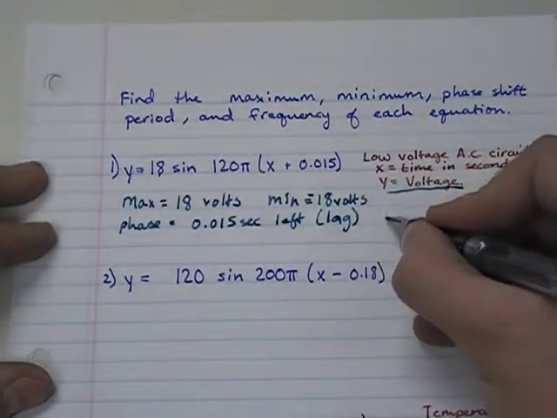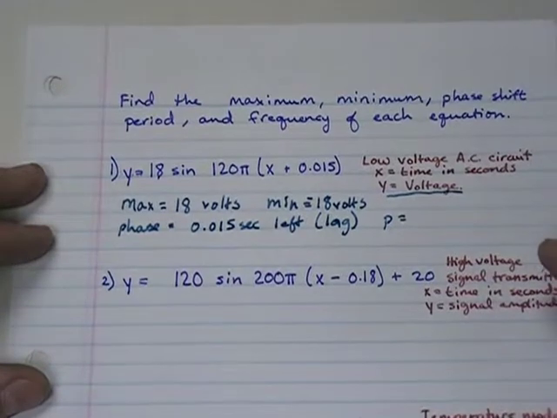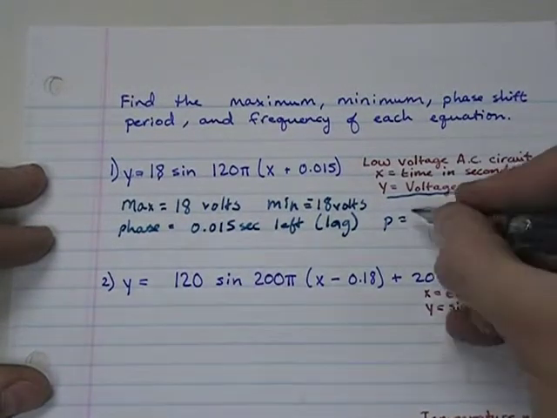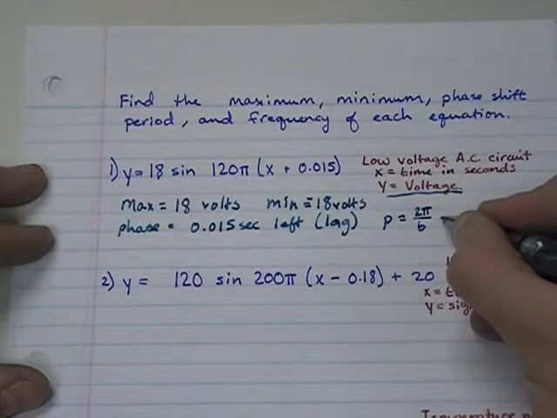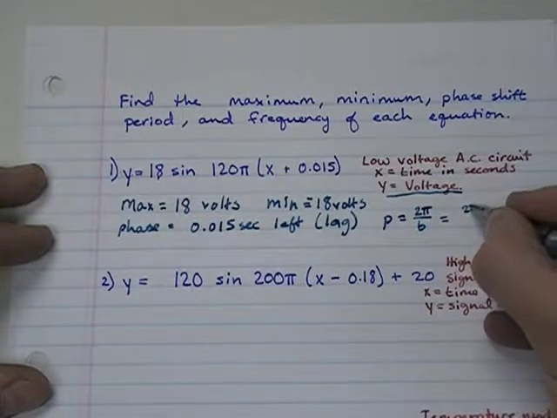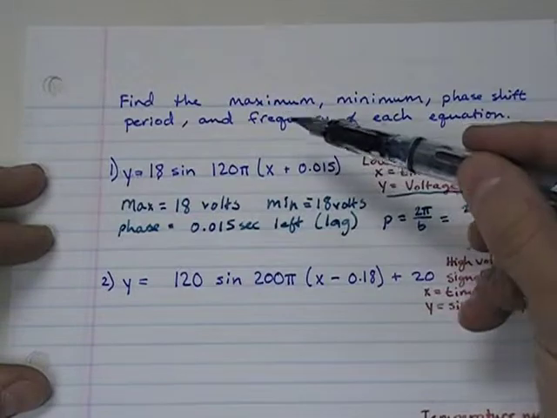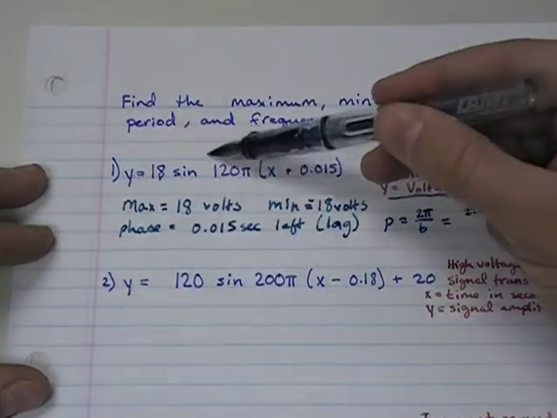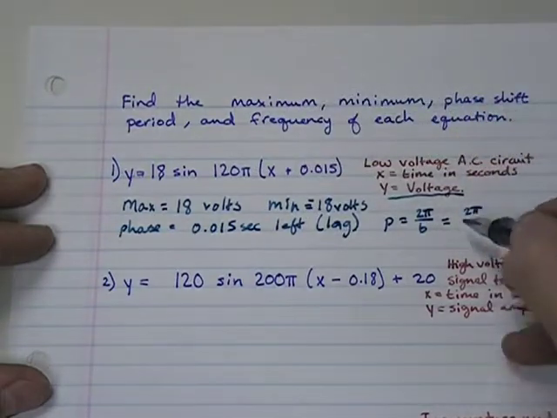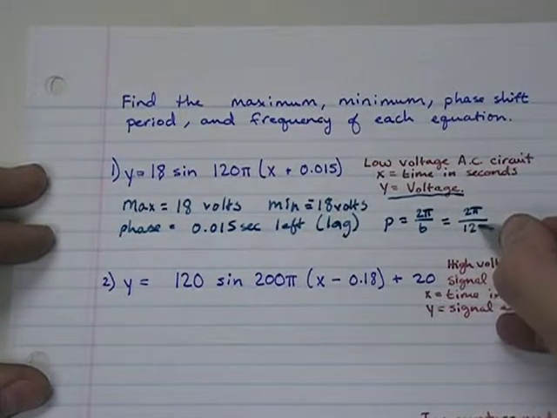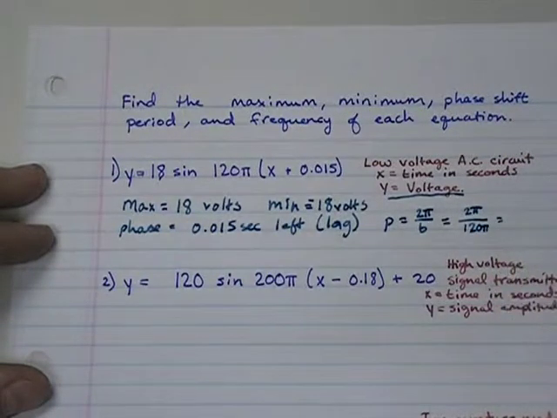Well, how do you find the period of any sine or cosine function? Well, the period of any sine or cosine function is 2 pi over b. So I put 2 pi over, and I look for b. And where is b? Right here. 120 pi. So 2 pi over 120 pi.